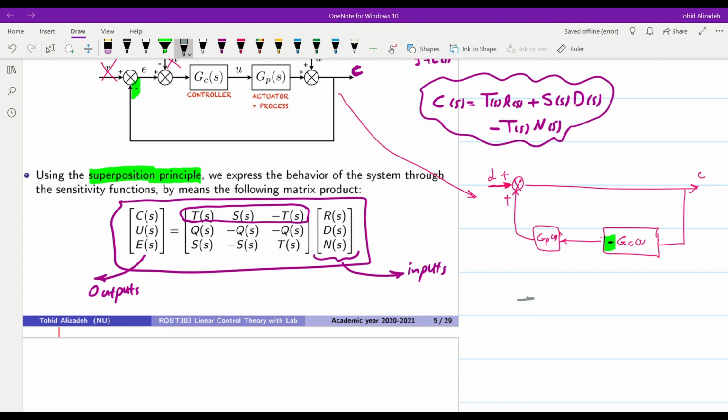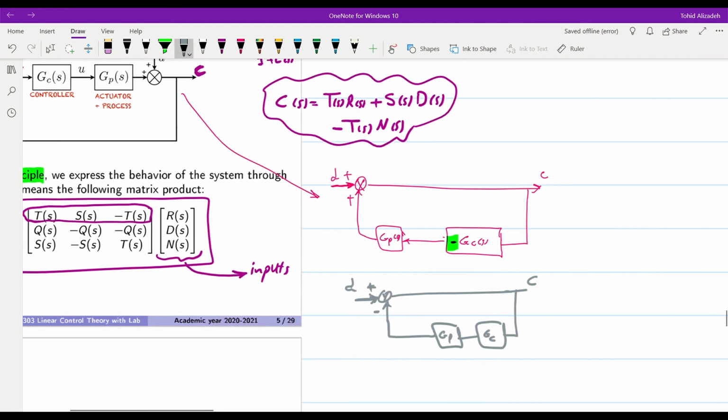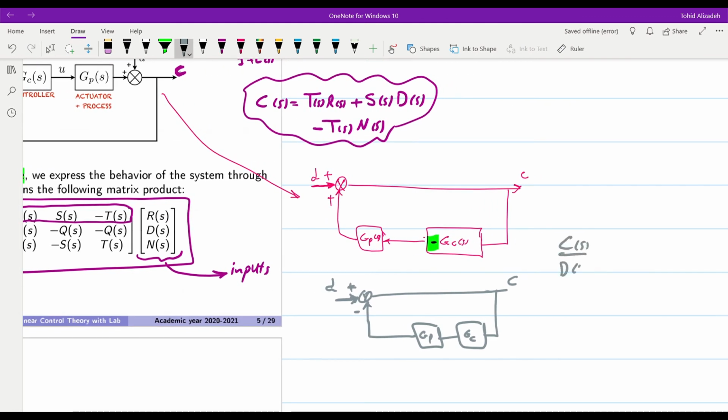So if I redraw it again, we will have D with negative sign here, C over here, and then GC, GP of S. And if I want to find out the C over D, in the feed forward we have 1, and as for the loop we have GP times GC, so 1 plus GC times GP, and this is equal to 1 over 1 plus L of S, and we know from the previous slides that it is equal to S of S.